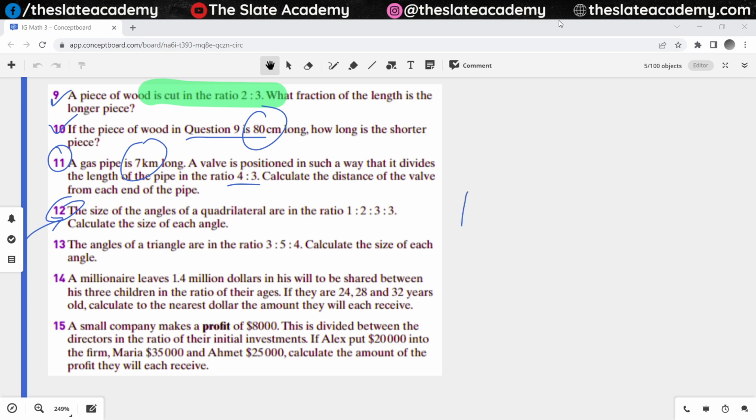If I have a quadrilateral, the angles that are there in the quadrilateral, the interior sum is 360. And that sum of 360 would now be distributed in this ratio of 1:2:3:3. So 360 into 1 out of 9, 360 into 2 out of 9, and 360 into 3 out of 9.